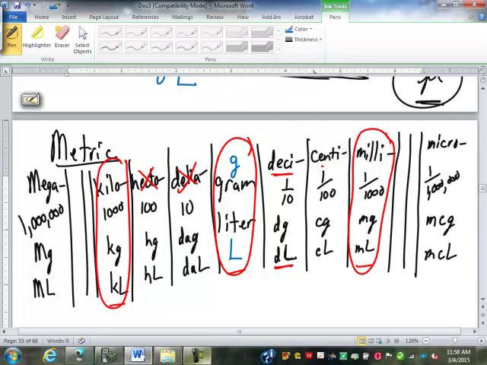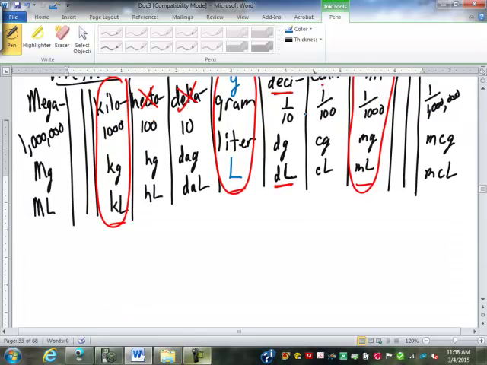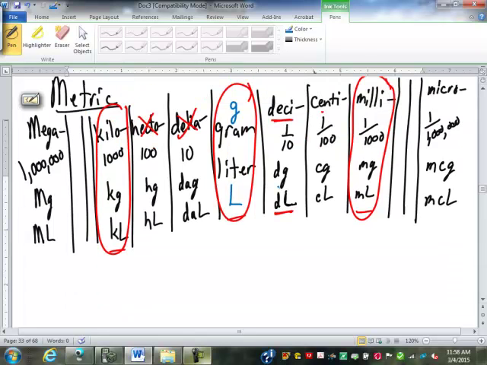Conversions within the metric system are actually quite simple. Because each spot on this chart is either getting smaller by multiplying by 10 or dividing by 10, that's all you have to do to convert. In fact, when you multiply or divide by 10, all it does is move the decimal point over a spot.